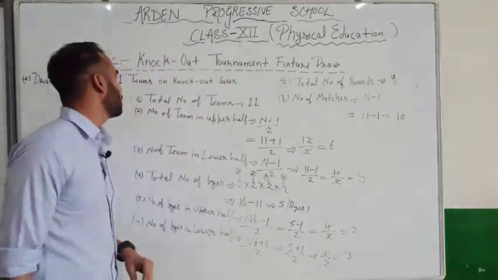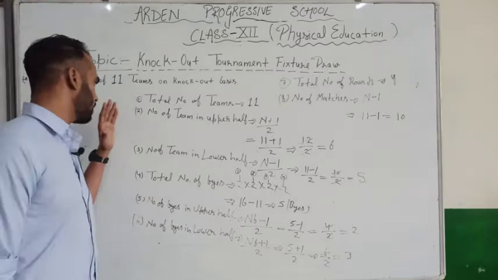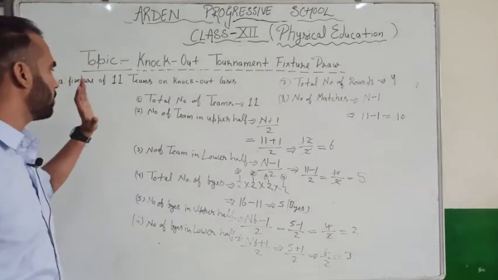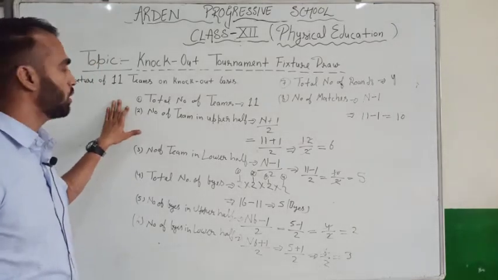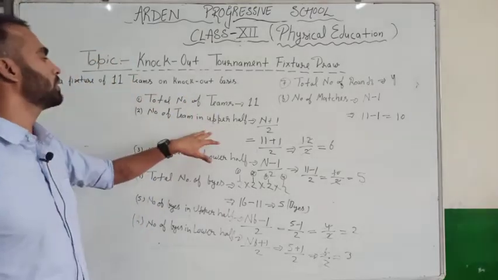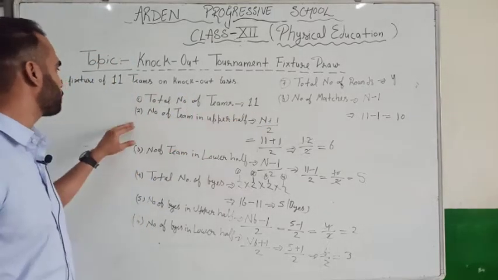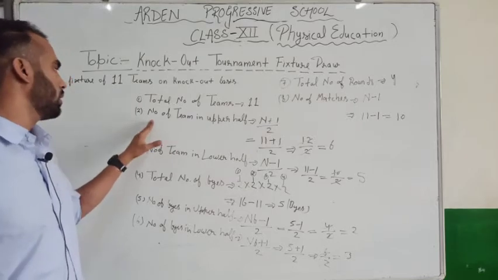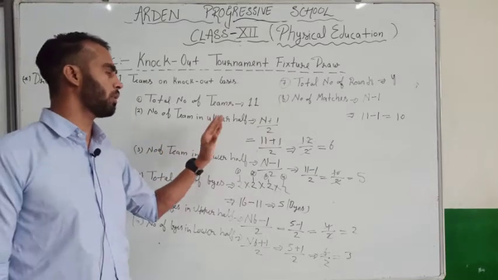Okay class, again I repeat all these steps. Step one is the number of teams, which in this picture is 11. The second step is the number of teams in the upper half.